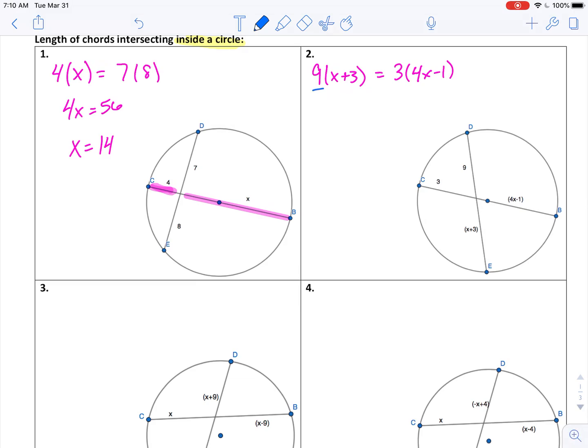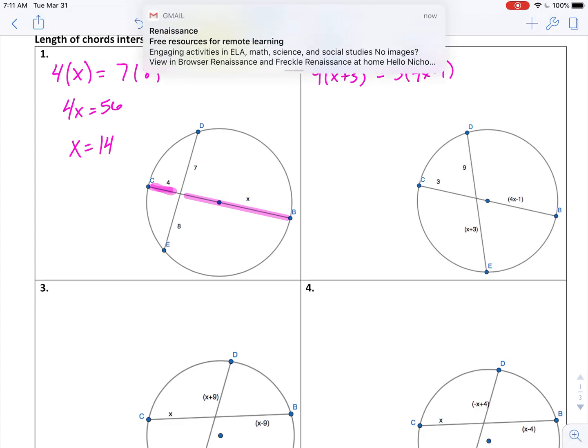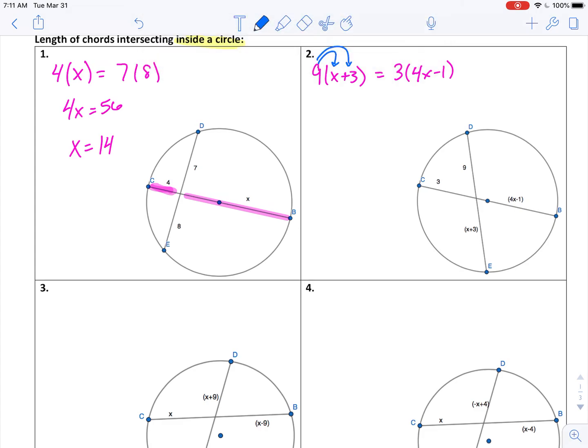But what do we have to be careful about here? We've got a binomial multiplied by a single number, so I really need to be careful about distributing to both terms.